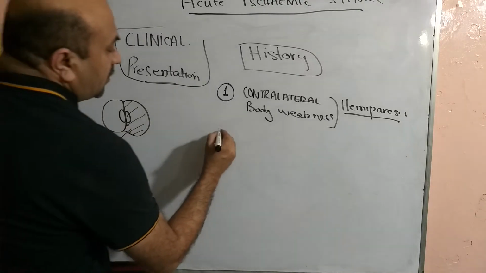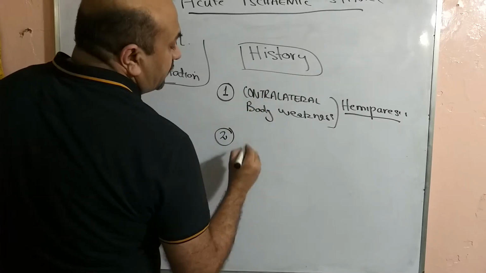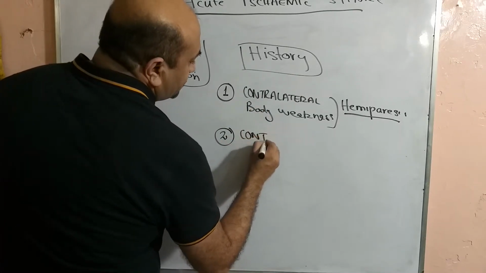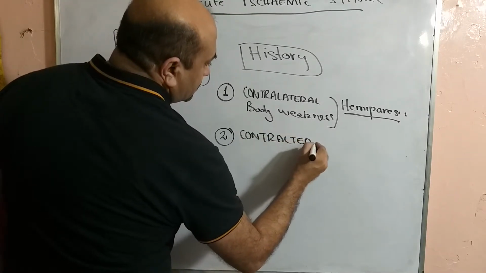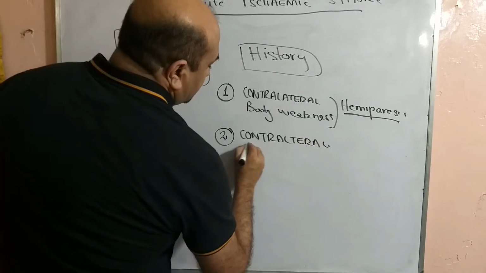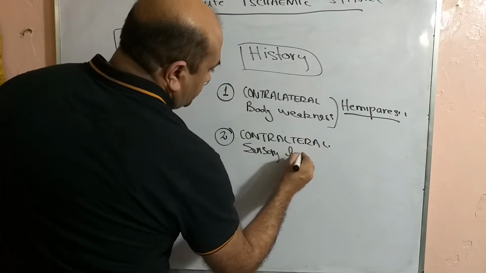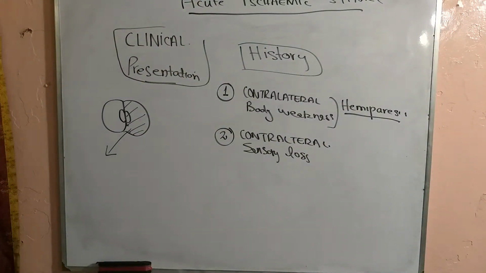So there can also be loss of sensation on the opposite half of the body, contralateral sensory loss, or we can also get dysesthesia.